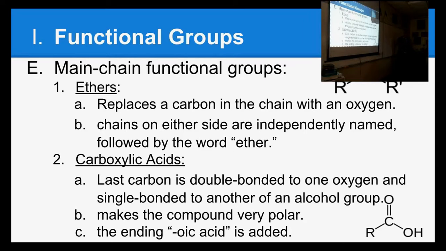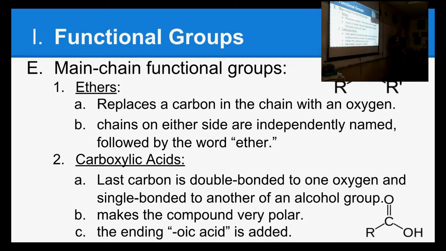So like if there's 4 carbons on one side of the oxygen and 3 carbons on the other side of the oxygen, we would say butane, propane, ether. Right? 4 on one side, 3 on the other, and then we just say ether at the end, because that lets us know why we have two names.